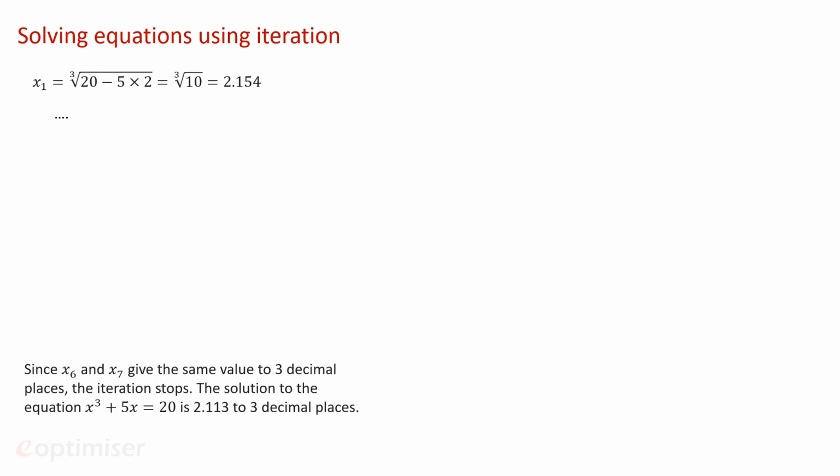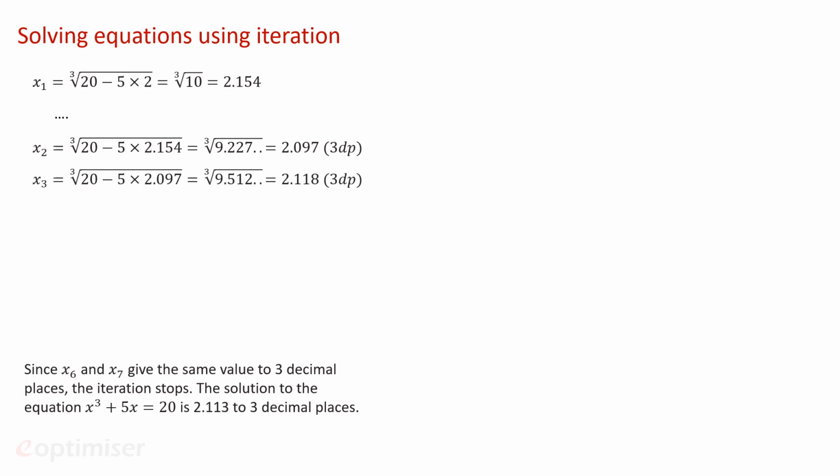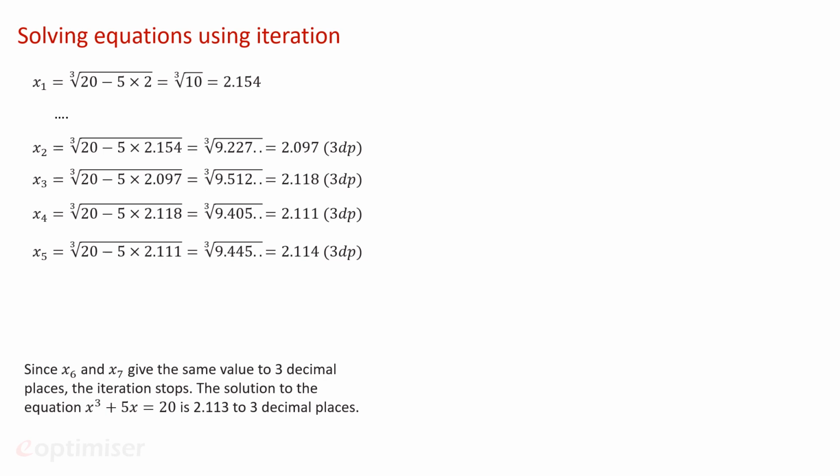Now we can find x2 using x1, isn't it? So we found x1 using x0, so we can find x2 using x1. If you apply the same thing in the formula, we'll be getting 2.097. So by using x2, we can find x3, applying that formula. So we'll be getting 2.118. Similarly, we can find x4 using x3, x5 using x4, and so on.